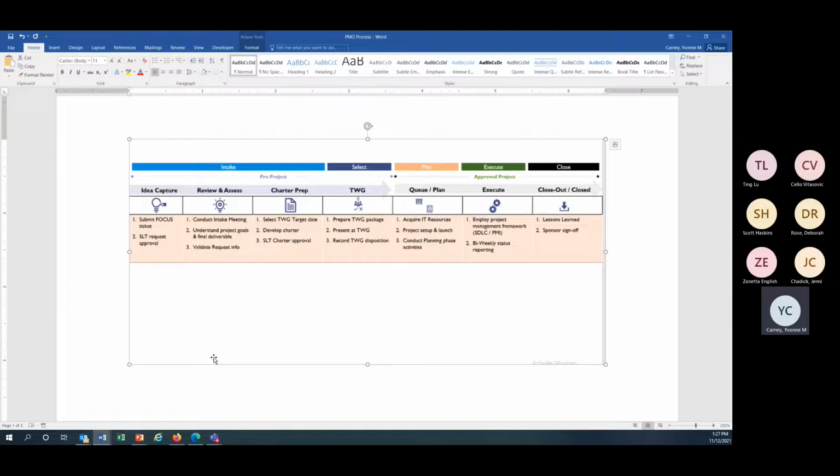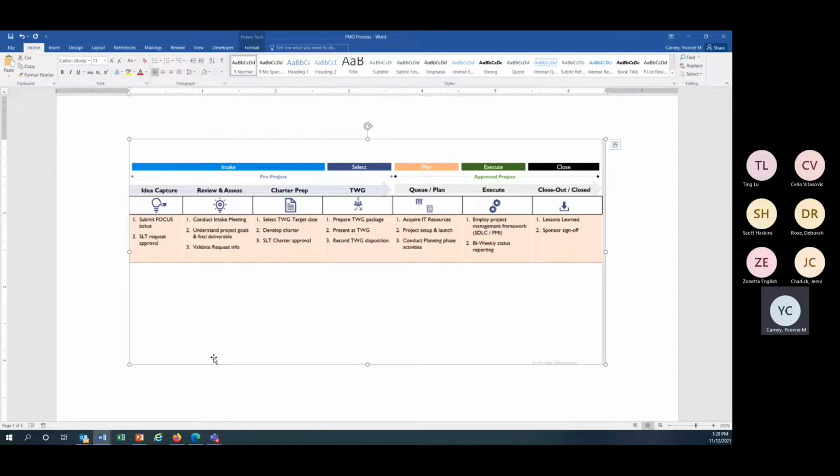Then there's SLT, which stands for Senior Leadership Team, to give visibility to that senior leader that this request has been made. There had been some problems with visibility previously, and they'd work through the whole process and realize the senior leader wasn't on board.